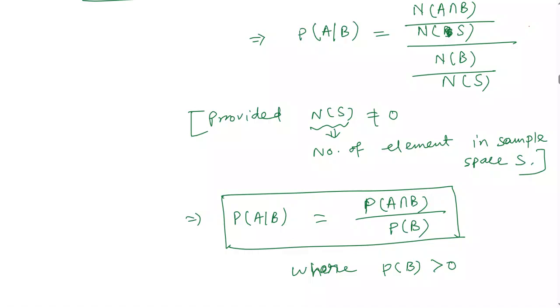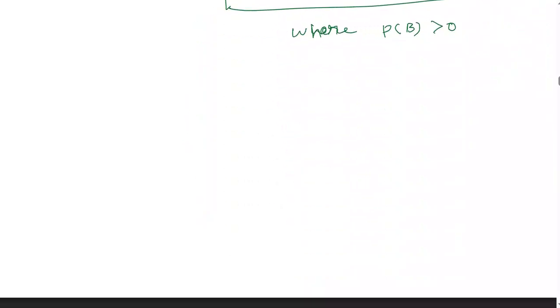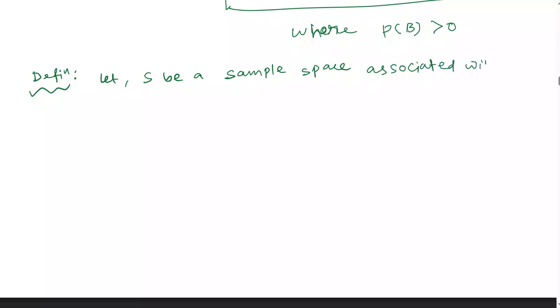Now one definition is there. The definition is: let S be a sample space associated with a random experiment.